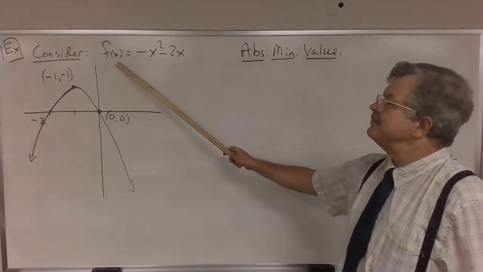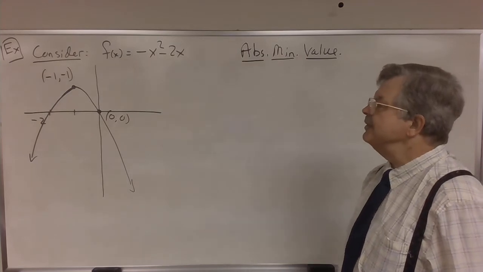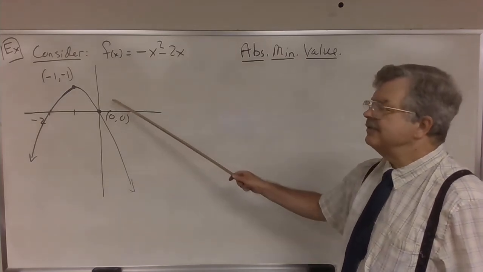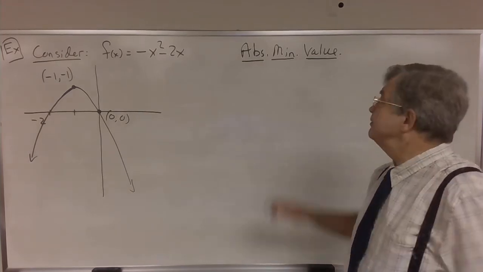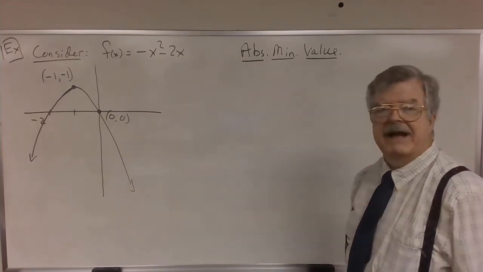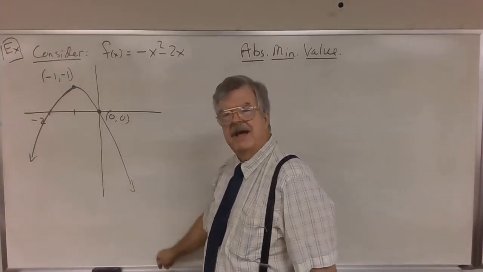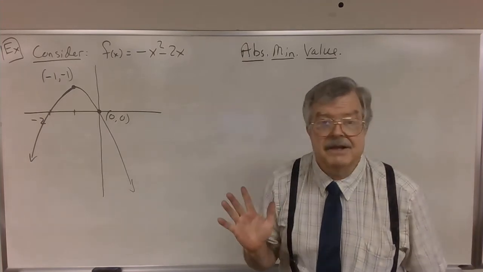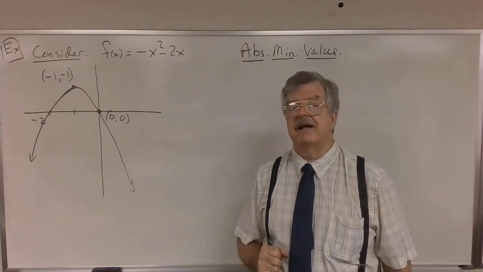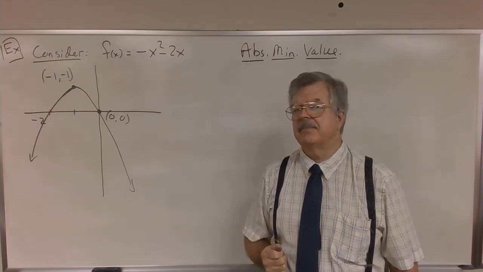Another example, f of x equals negative x squared minus 2x. Here's the graph. First of all, let's see if there's an absolute minimum value. Well, look at this graph. It just goes down to negative infinity. So if there is an absolute minimum value, it's going to be negative infinity.